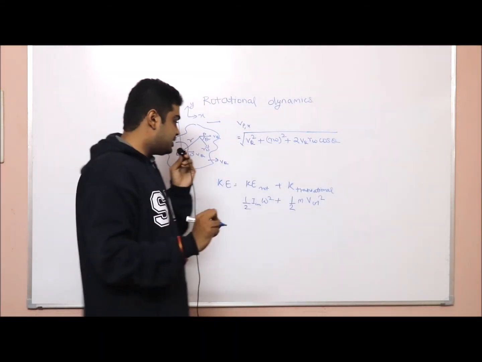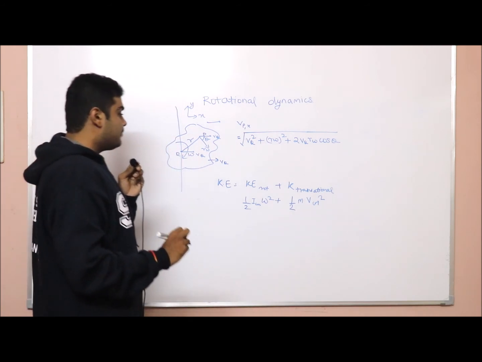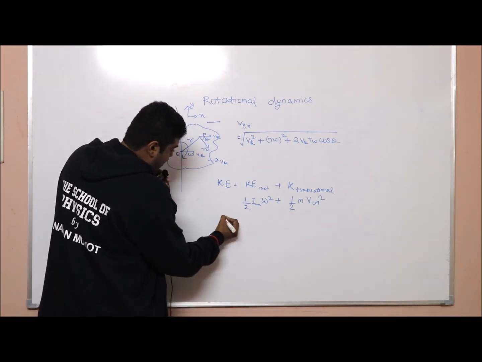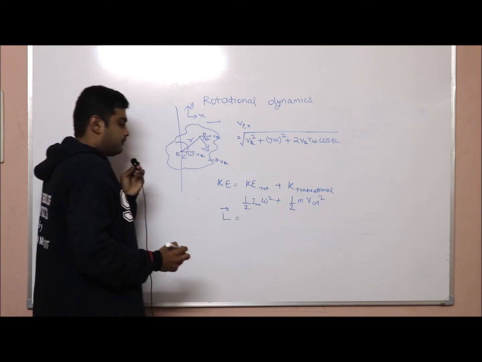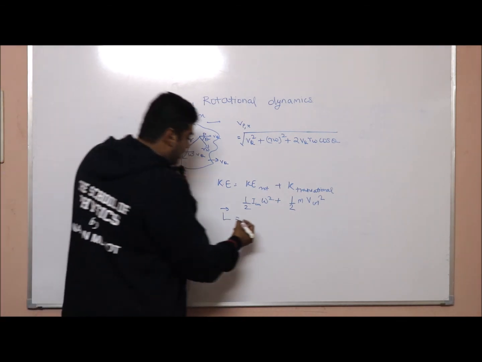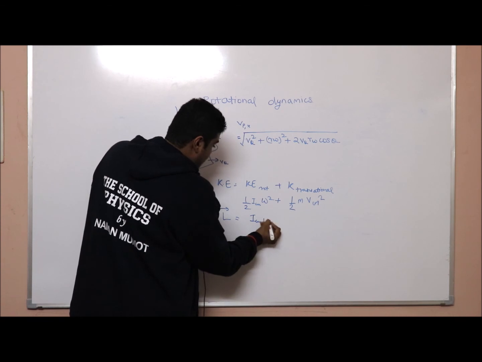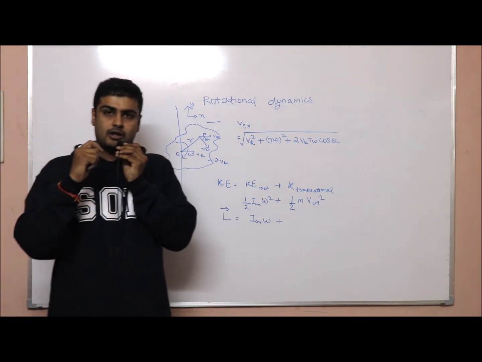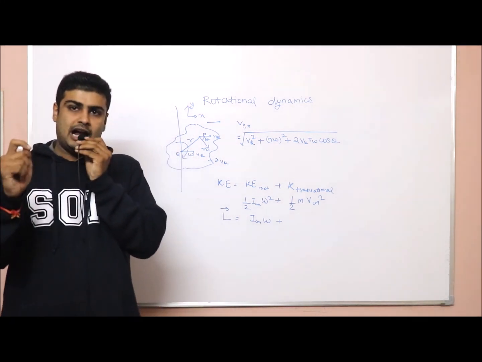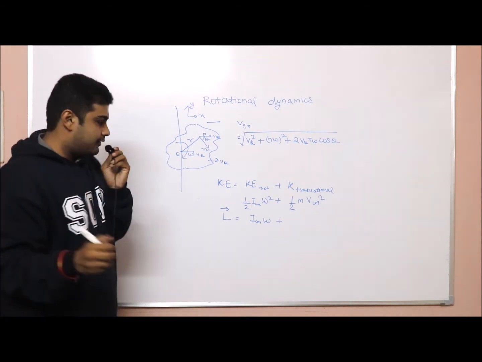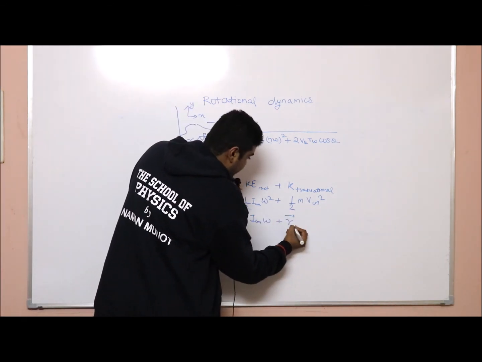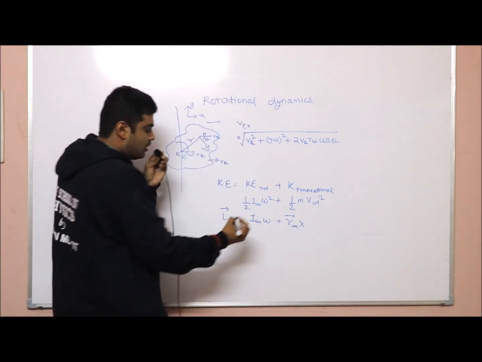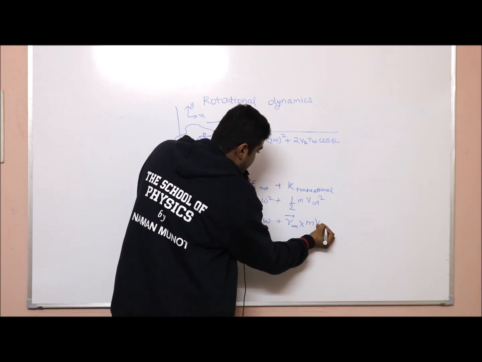Next thing that we want to know is what will be the angular momentum. So the total angular momentum is I center of mass into omega plus R vector CM cross the momentum of the body in translational or linear motion, which is m into VCM. Here RCM is the distance of the center of mass from whichever point we choose as the origin.